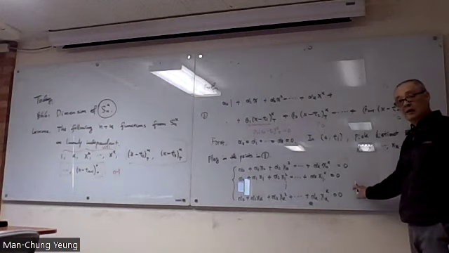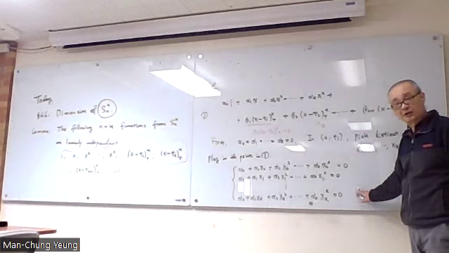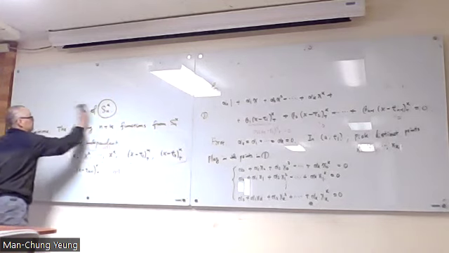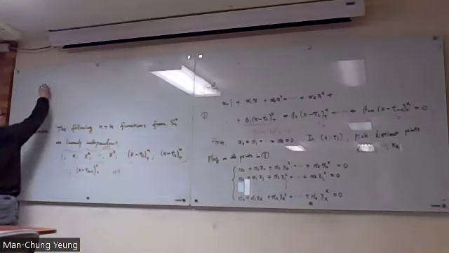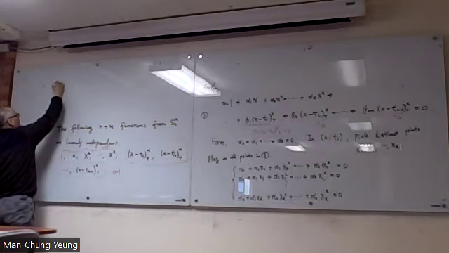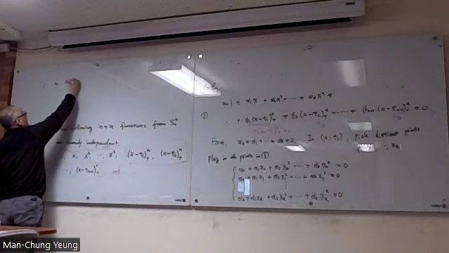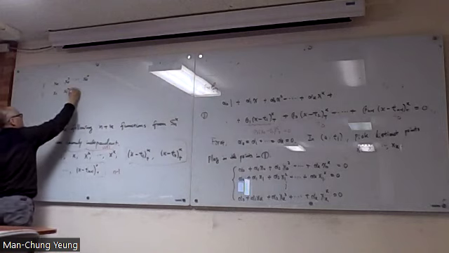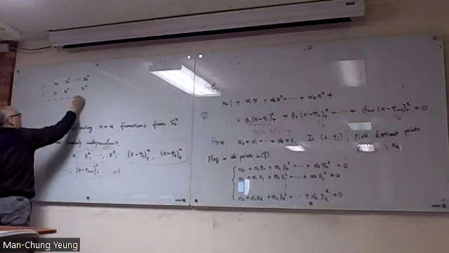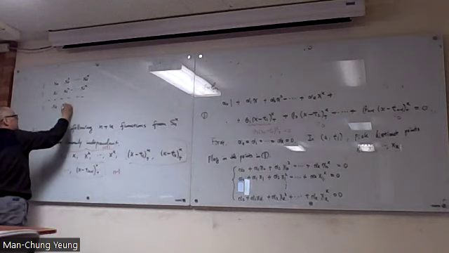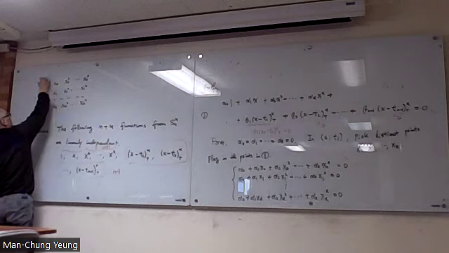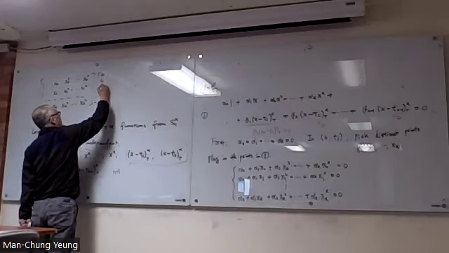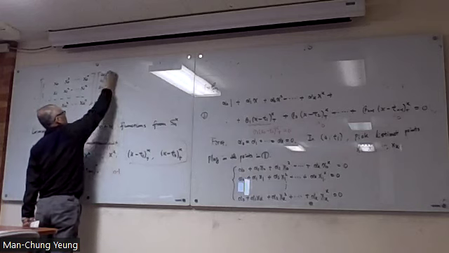Because, let me write the linear system in matrix vector form. The rows are 1, x0, x0 squared, up to x0^k; 1, x1, x1 squared, up to x1^k; and 1, xk, xk squared, up to xk^k, times the vector alpha 0, alpha 1, alpha 2, up to alpha k, equals 0.